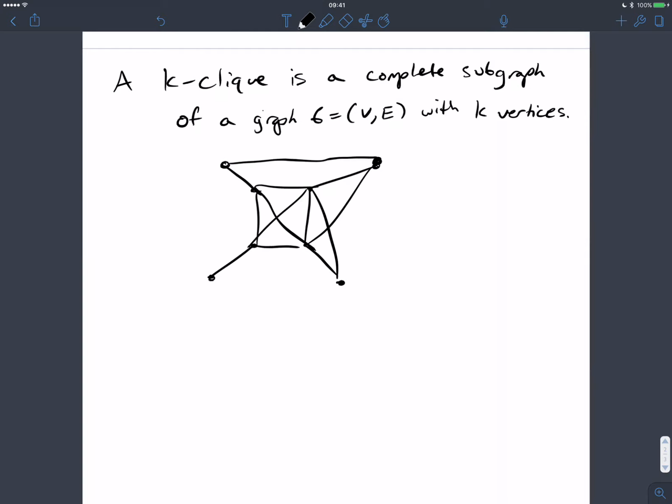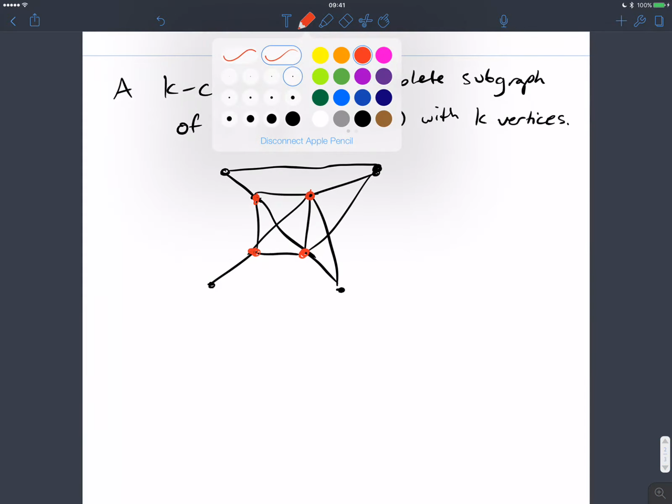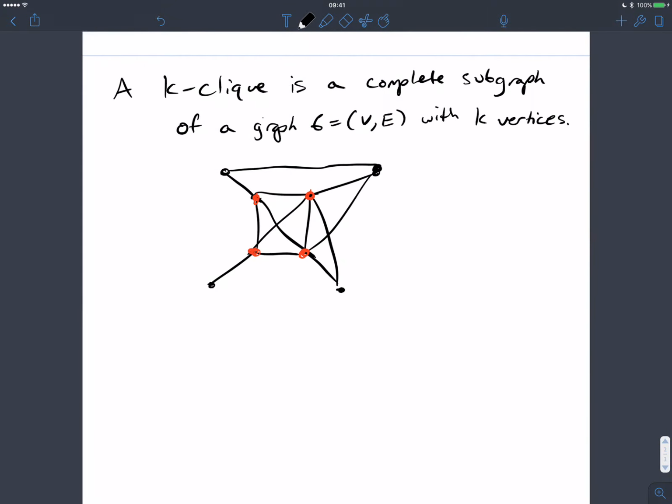Can you remind me what a complete subgraph is? Yeah, so a complete subgraph, let's say among these four vertices, is that every single edge is present among those four vertices. So if I highlight in red these four vertices in the middle, then among those four vertices, every single edge is present. All four choose two edges are present.